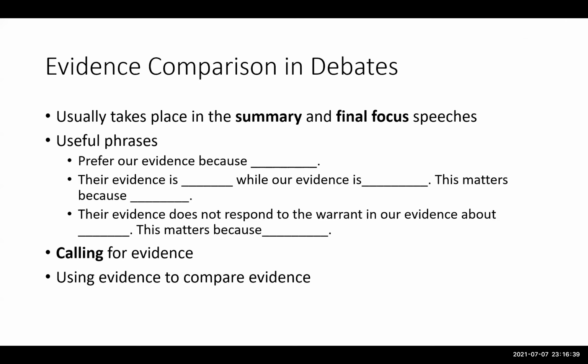Can you give us an example of the third phrase, like how it is used? Yeah, sure. Okay, so let's say we're comparing two pieces of evidence about whether or not economic growth causes war.